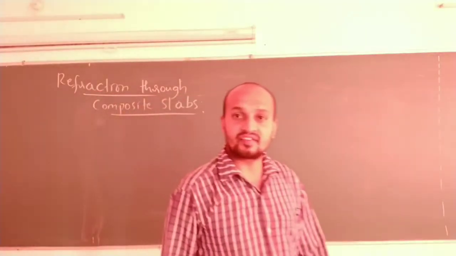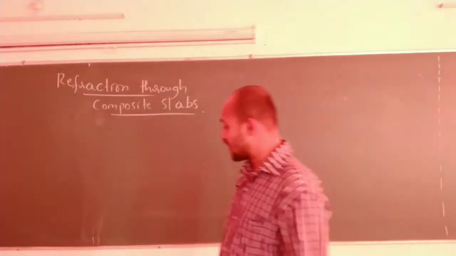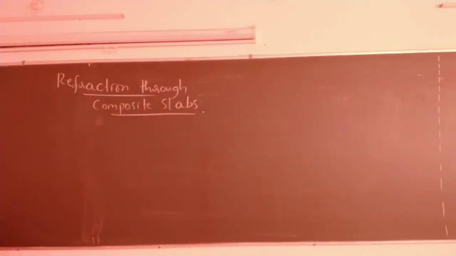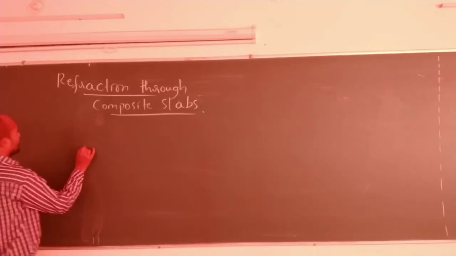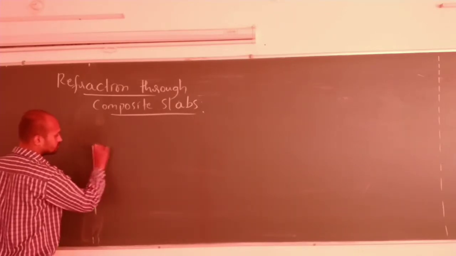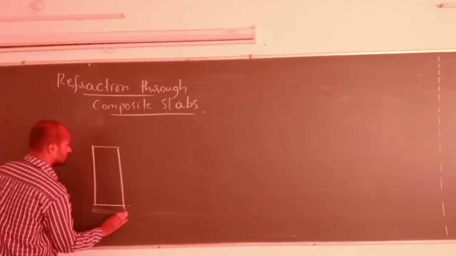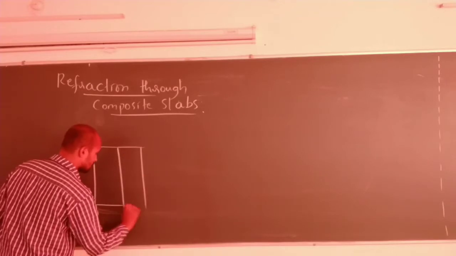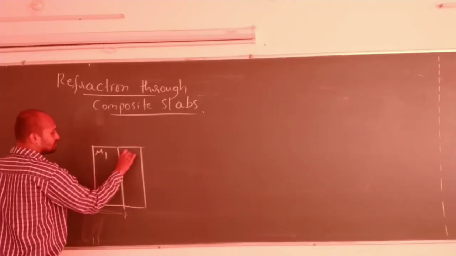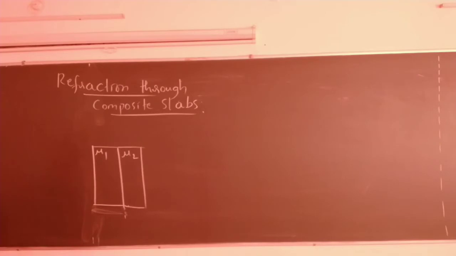Refraction through composite slabs. Imagine two slabs are there, mu1 and mu2.